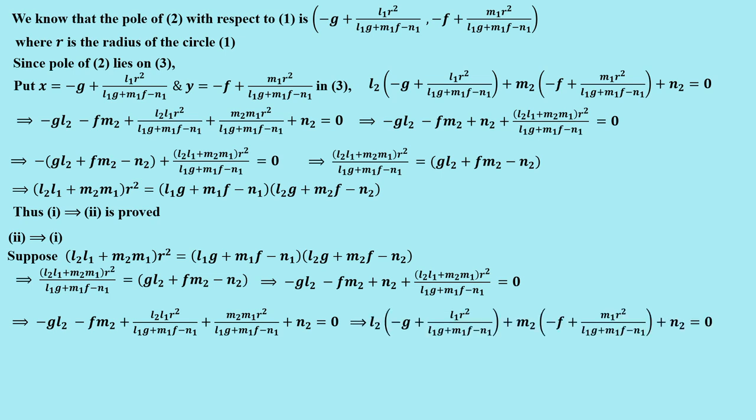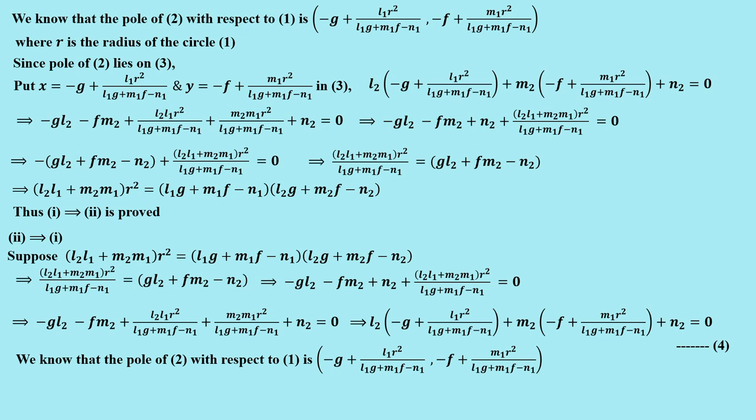This can be written by grouping: first L2 into minus G plus L1 r square by L1G plus M1F minus N1, plus M2 into minus F plus M1 r square by L1G plus M1F minus N1, plus N2 equal to 0. That is equation number 4.